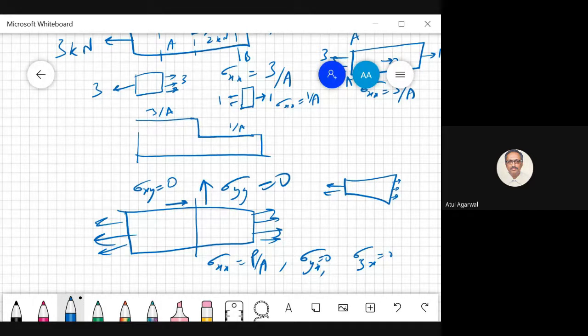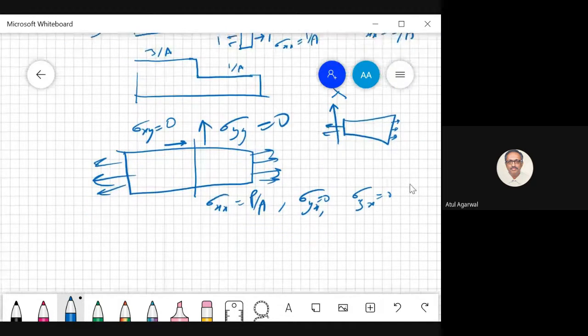There is no external force in y direction, so there cannot be any force in y direction on the internal face. They will automatically be 0. And on this surface, which is a free boundary, there is no force, so all stresses are 0. The only thing is that the right index, which is for the area normal, has to stay fixed. Sigma xy, sigma yy, sigma zy will all be 0.